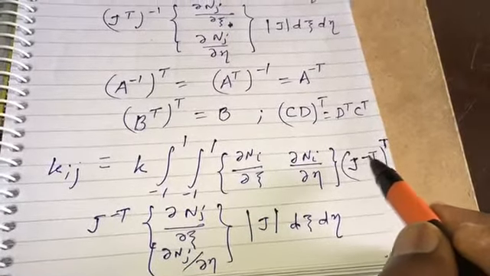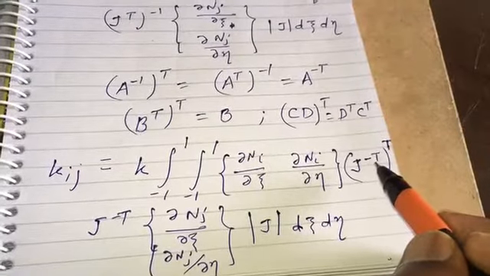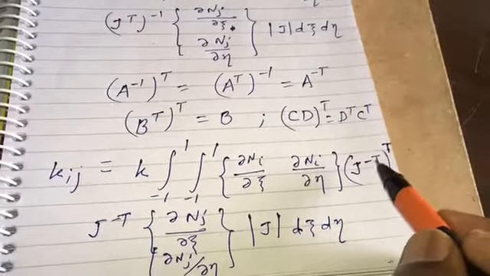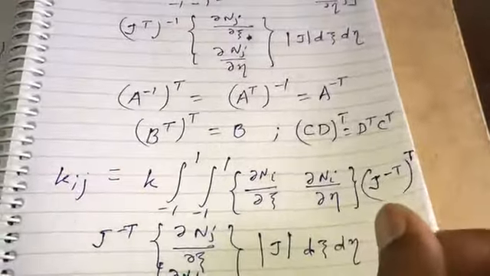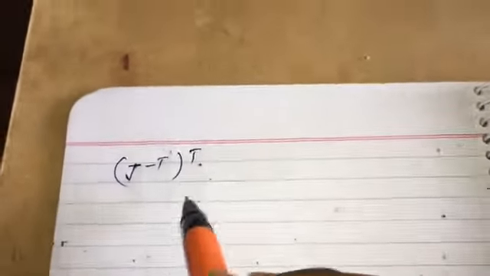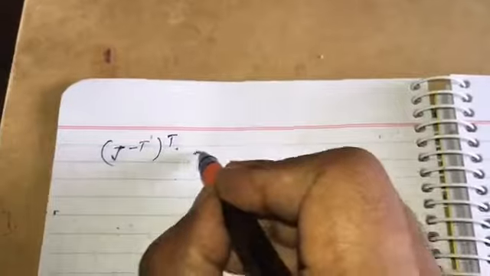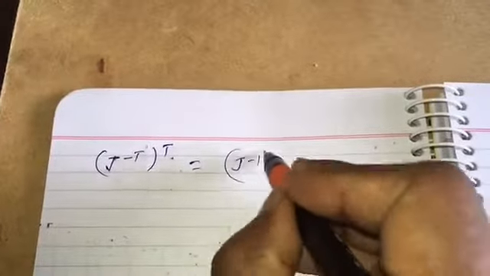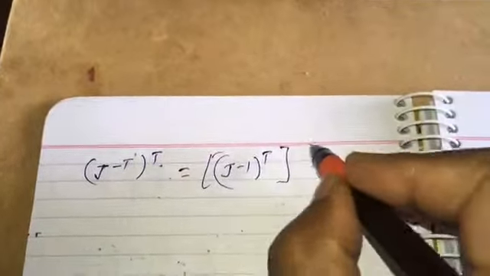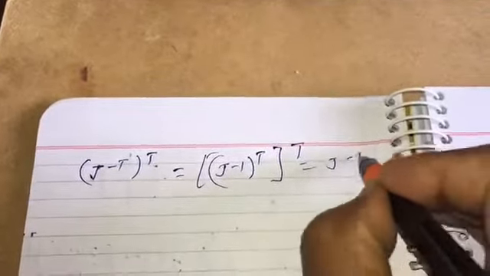So the transpose of that is nothing but J inverse only. So instead of this we can also write J inverse. What I meant is that the transpose of J inverse transpose will be equal to J inverse, and the transpose of that is nothing but J inverse only.